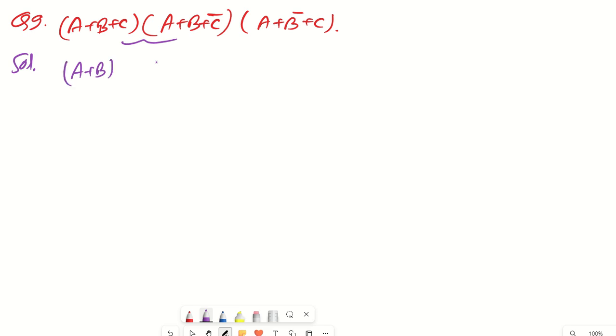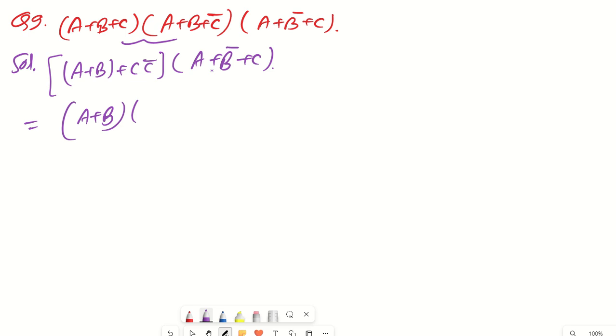Then we are going to get c times c bar. So can we write it down like this? So I have a plus b plus c and a plus b plus c bar. So the first two terms are done, and we have the last term as a plus b bar plus c. Then we can now see that c c bar will be 0. So I am going to be left with (a plus b) into (a plus b bar plus c).